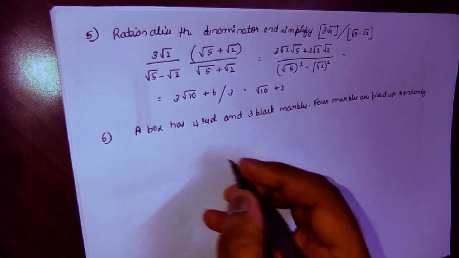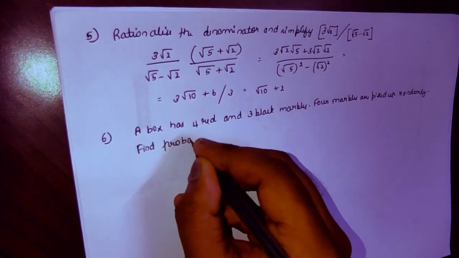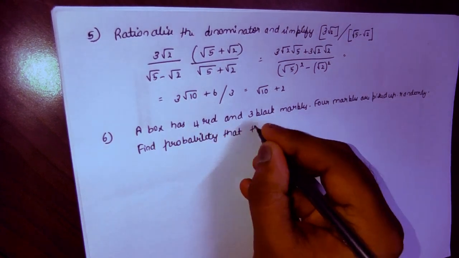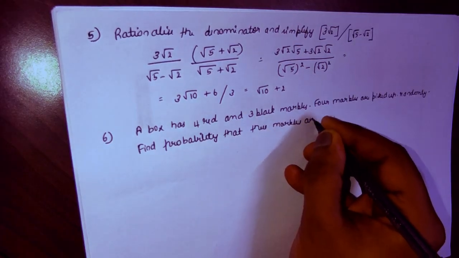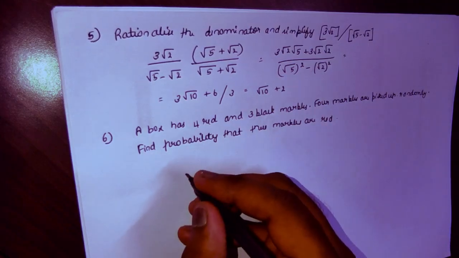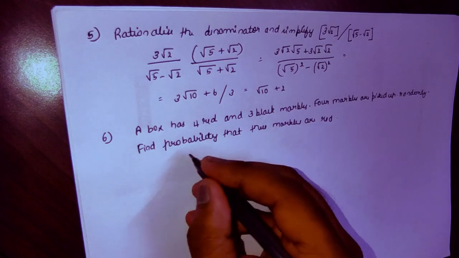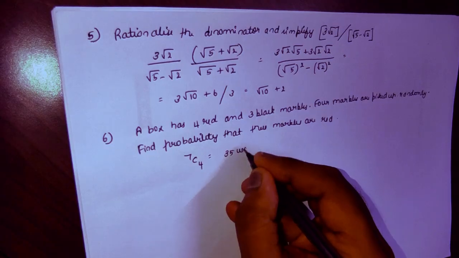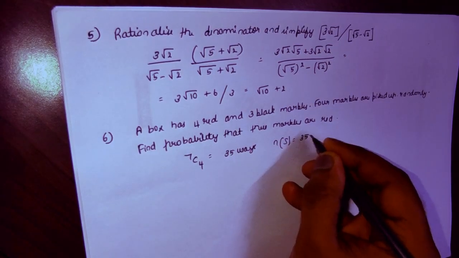Find the probability that these marbles are red. So there are a total of 7 marbles. Out of those, 4 marbles can be picked by 7C4 ways, that is 35 ways. The total sample space is equal to 35.